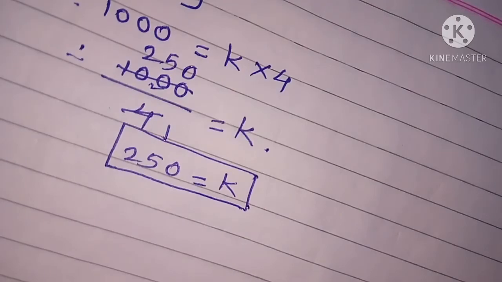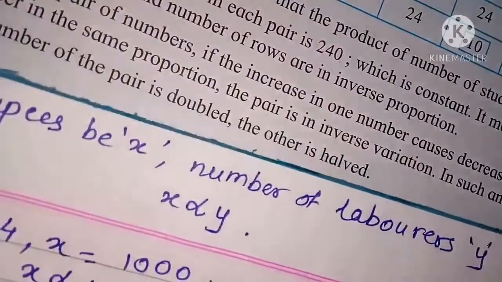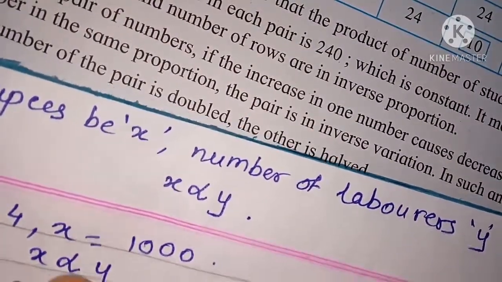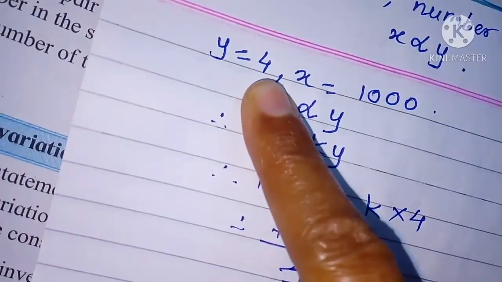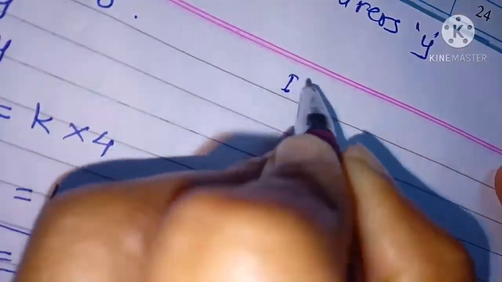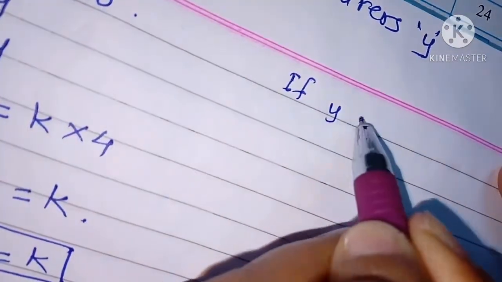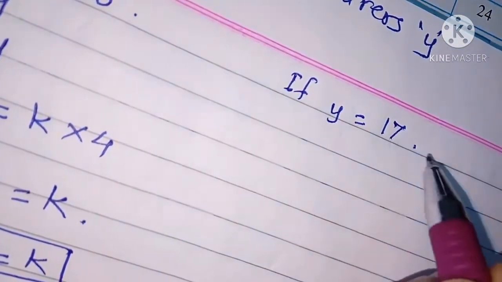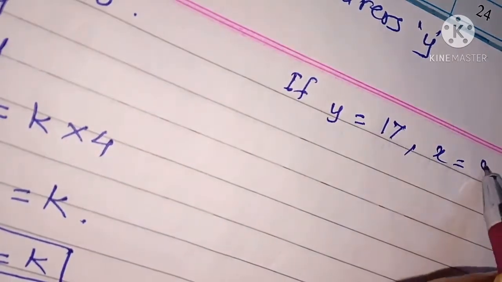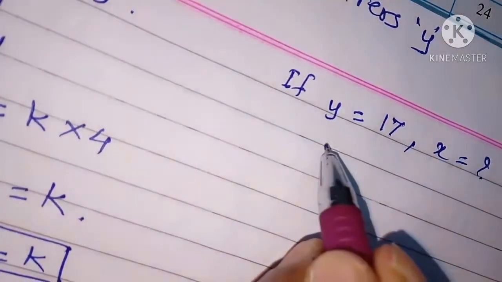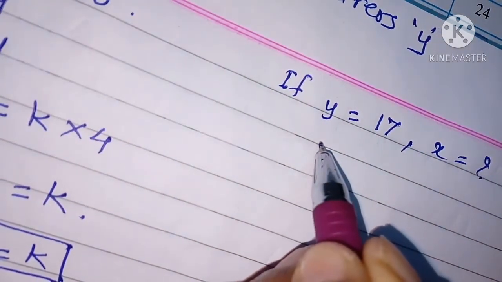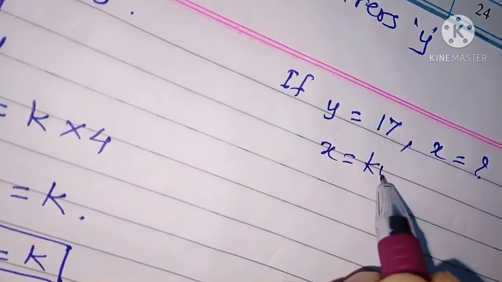So next, what is given? If y is equal to 17, then x is equal to how much? See the example, that is x is equal to ky.